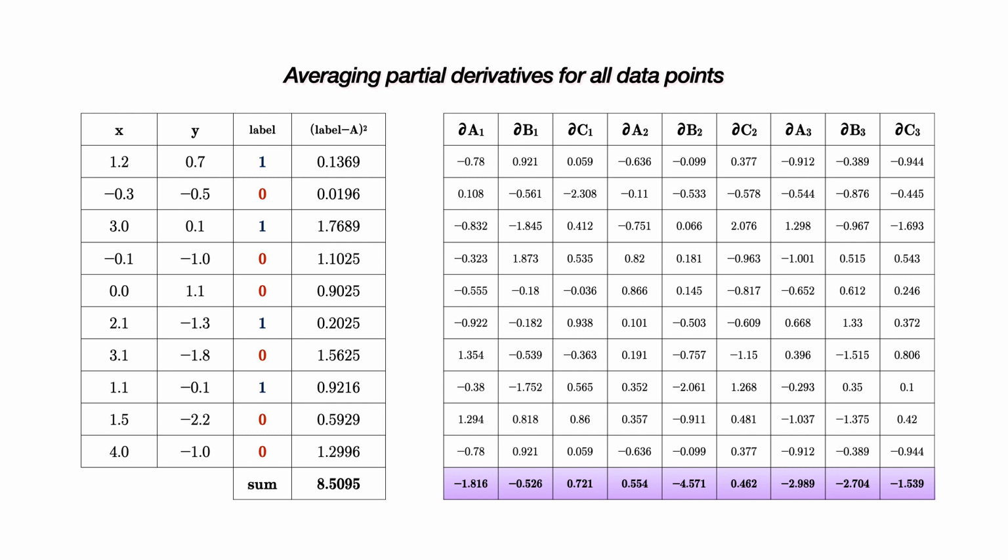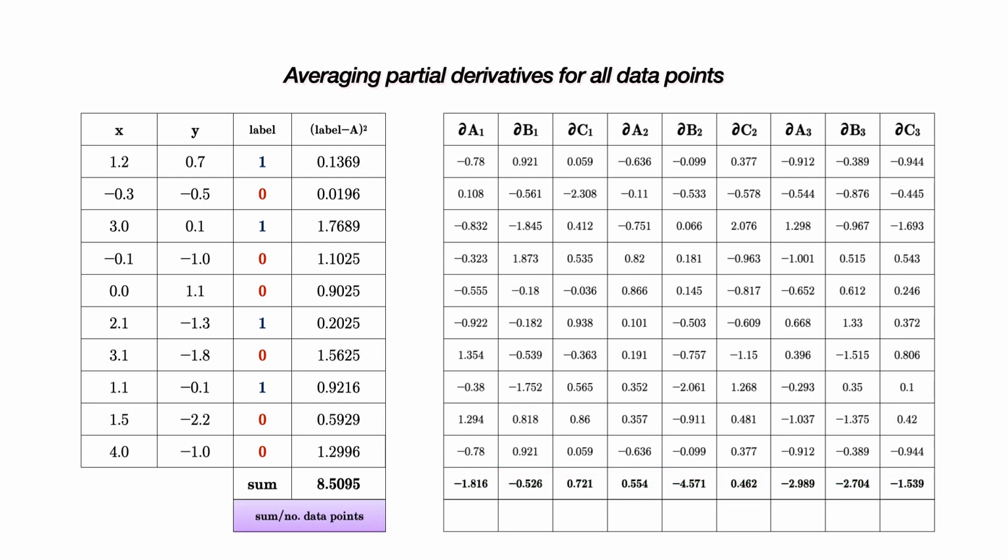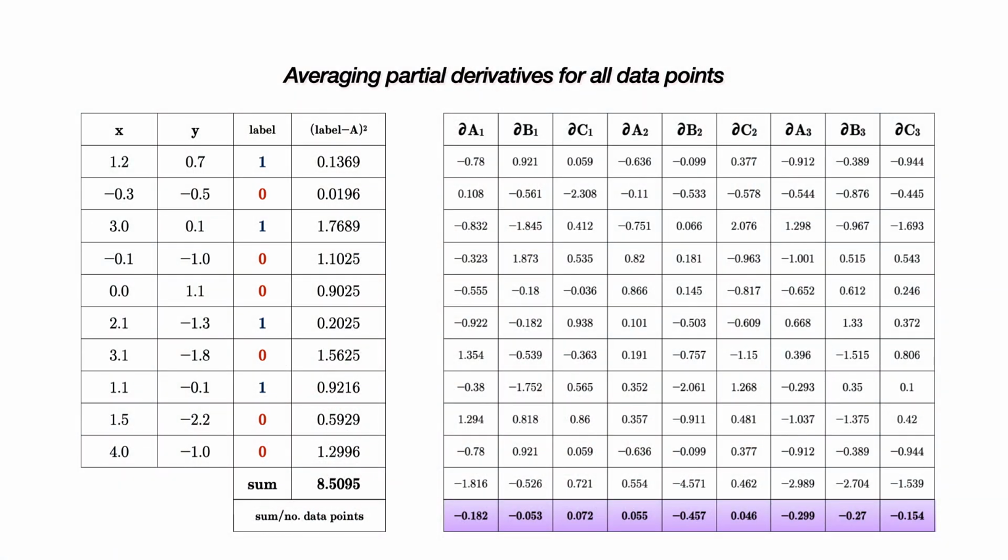And if we know the sums of partial derivatives for all the data points, we can now divide these sums by the number of data points. And in this way, we get 9 average partial derivatives for all the data points. So now we have the average gradient corresponding to all the data points, and we can use these 9 average values to update our weights and biases.